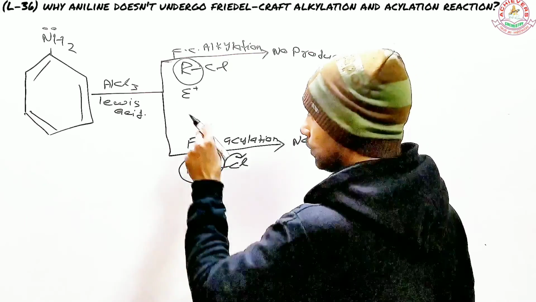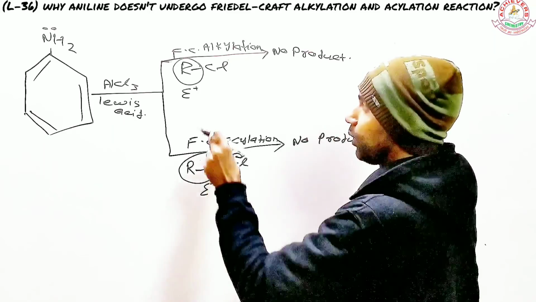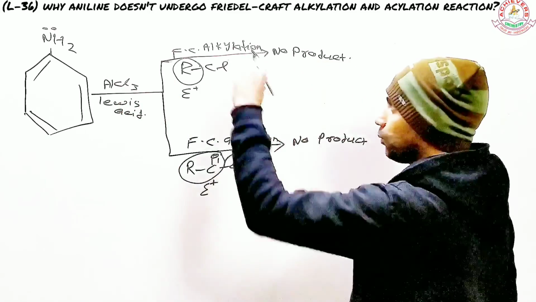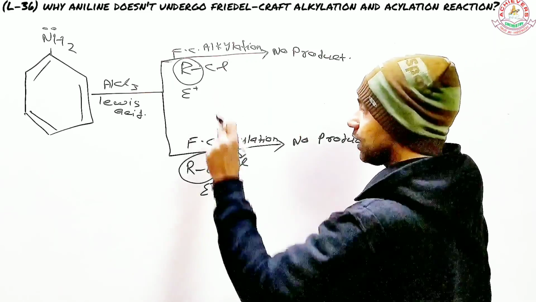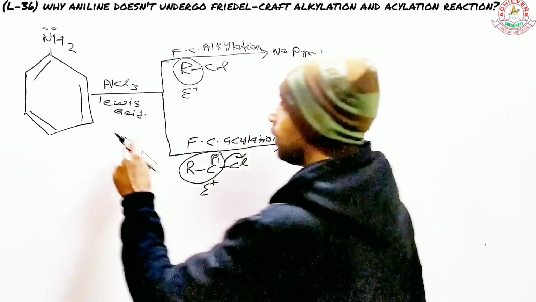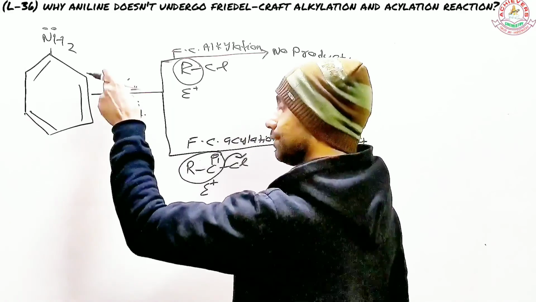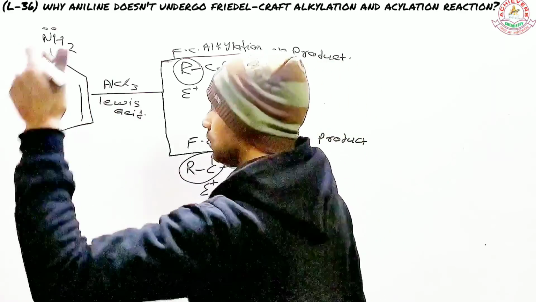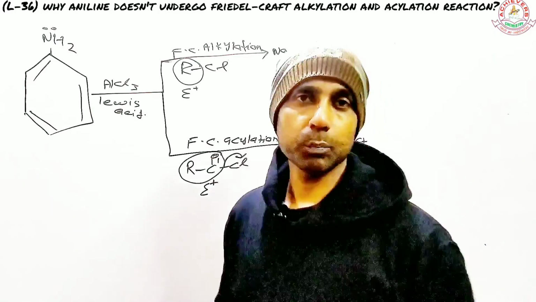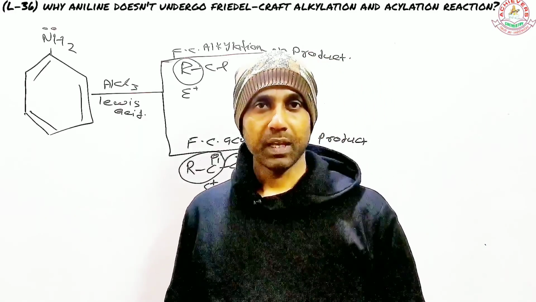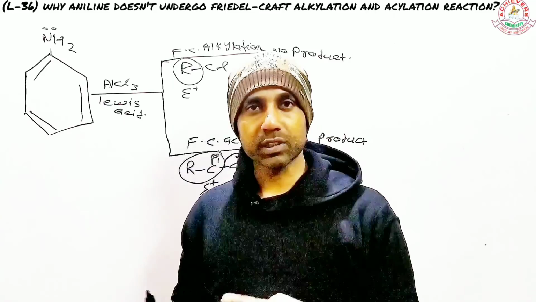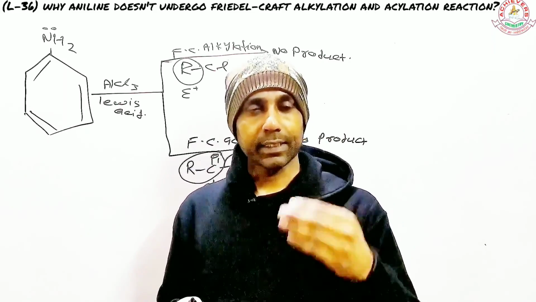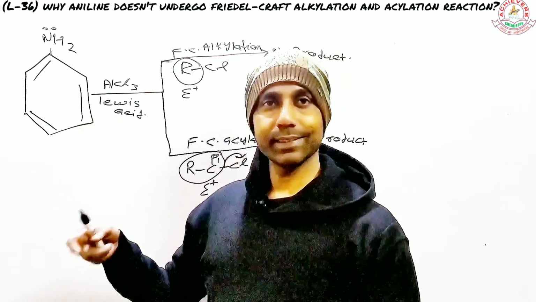This cleavage of the bond is due to the AlCl3. But in both of these cases, these cleavages are not possible. Why? Because AlCl3 is itself electron deficient, while the amine is overexcited because of the presence of that lone pair. The nitrogen is so eager to donate its electron that it donates it to AlCl3 itself.